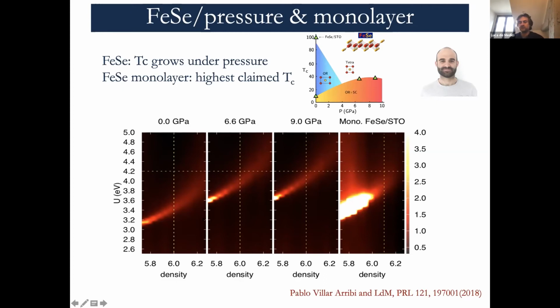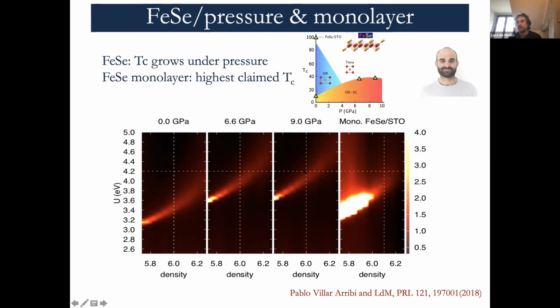So this is what Pablo showed: when you apply pressure and recalculate the DFT, keeping the interaction values constant, and recalculate this compressibility with slave spins, indeed you bring the peak of compressibility to the realistic values where the compound is.